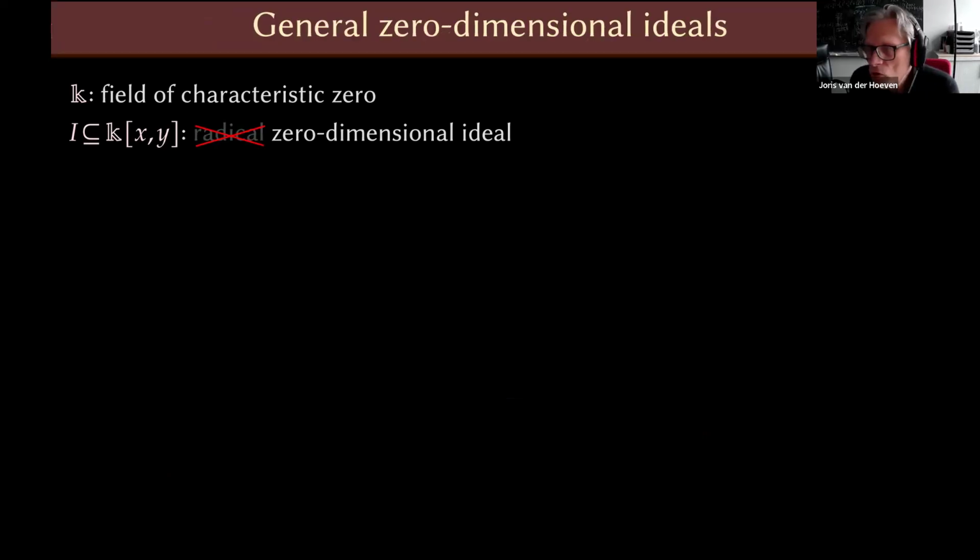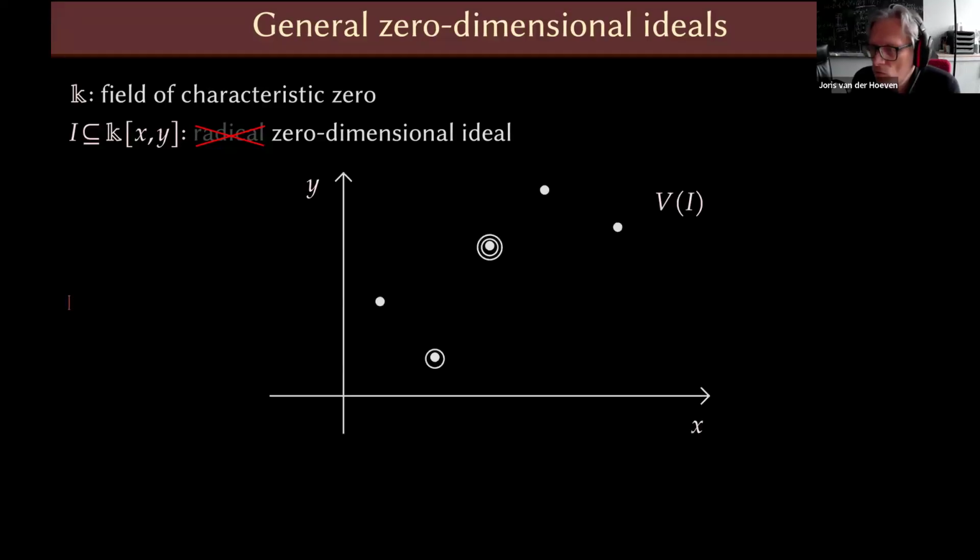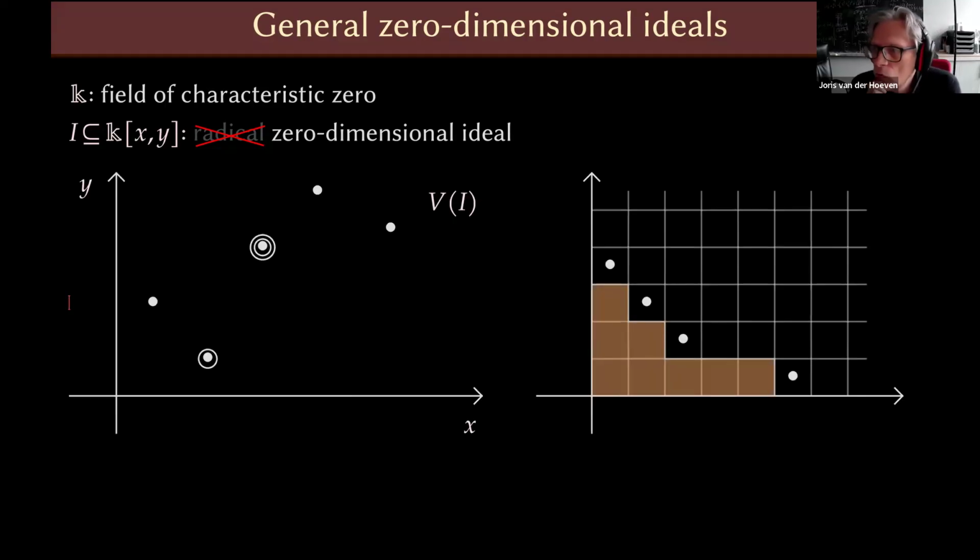If we have an ideal that is no longer radical, this of course does not work anymore, because in that case our point set may have some double points, some triple points, and so on, points with multiplicities. And in order to describe what happens in this case, we would have to look at the Gröbner basis. So if you look at the lexicographical Gröbner basis, when things are in shape position, then basically we will only have a line over here.